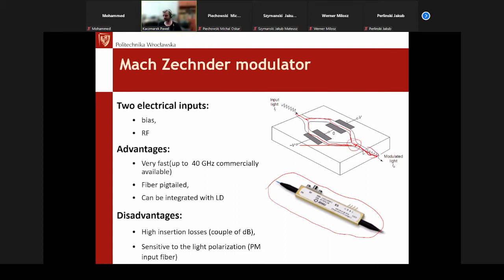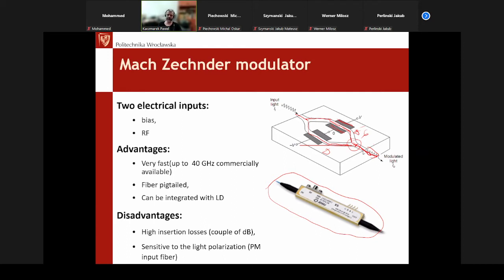We can control the phase of these two beams simply by applying a voltage to the waveguide over a certain distance. We have electrodes which are deposited on this structure, and we are able to control the phase of each of these two beams. So we are modulating the phases, and after interference, we have amplitude modulation.